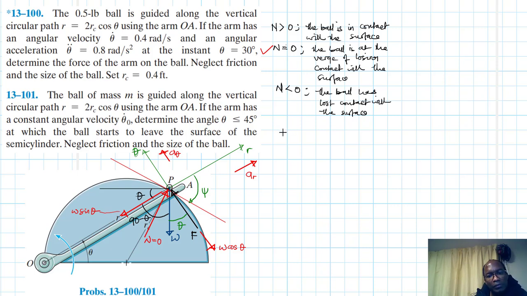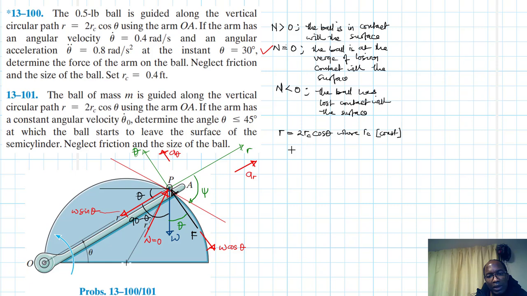So then there is no need of finding psi, we can just go directly since our n is equal to 0. So we have our r, which is equal to 2 rc cos theta, where rc is a constant.